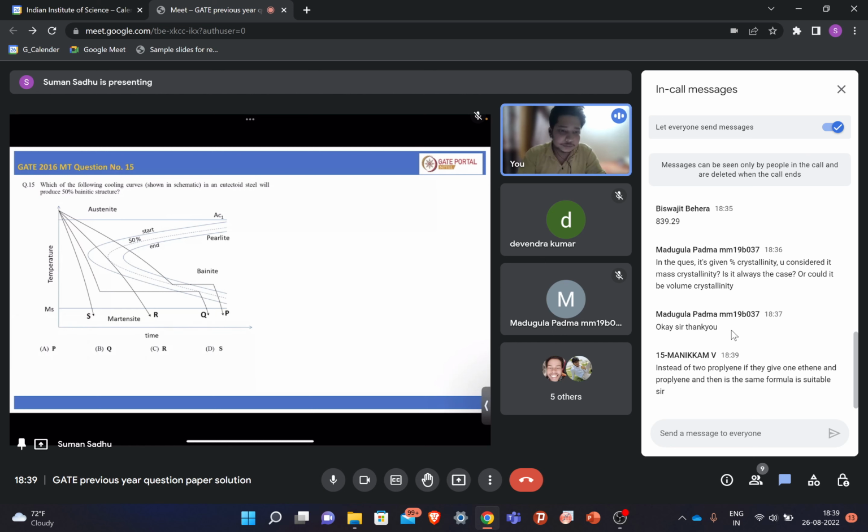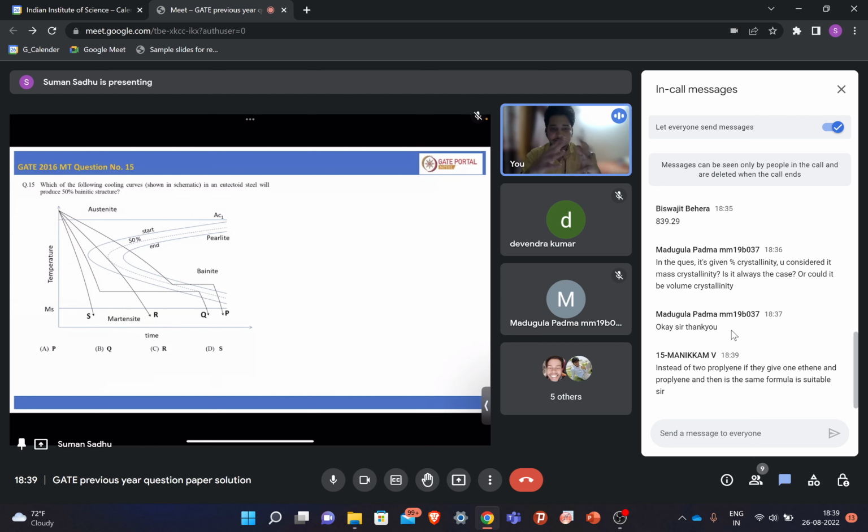Instead of two polypropylene, if they give one ethene and polypropylene, then is the same formula suitable? Okay, in that case, you have a mixture of two different polymers, right? So in that case, it is not the same kind of composite or mixture.